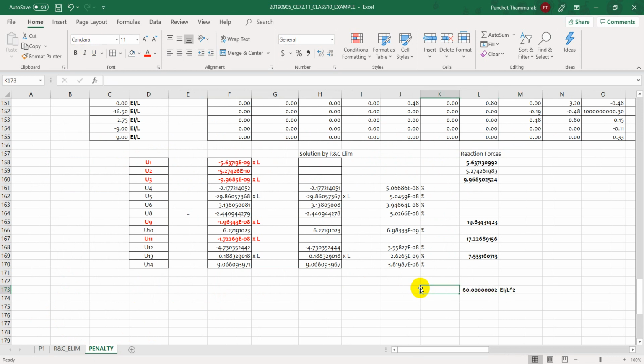At least some quick check of equilibrium is okay to me, and I guess it is okay to you too. So this is the solution by penalty method. The moment equation will be more difficult, right?